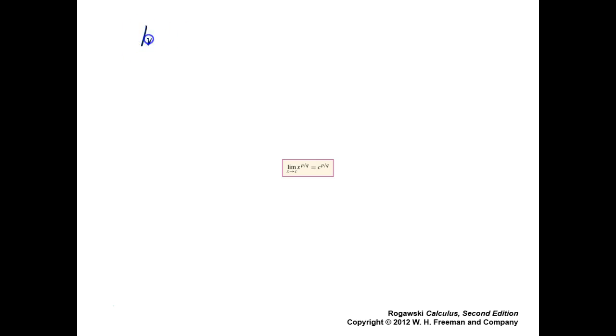The limit as x approaches c of k is equal to what? K, of course. That works because the k can be pulled on the outside, and it'd be k times the limit of 1. And the limit of 1 as x approaches c is still 1, and k times 1 is k. So yeah, that still works.